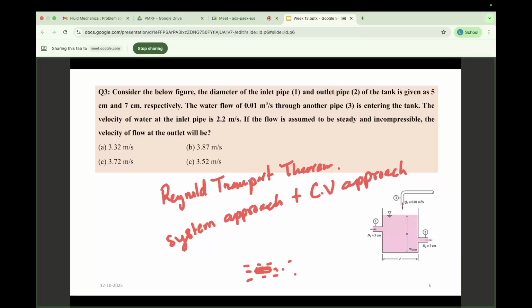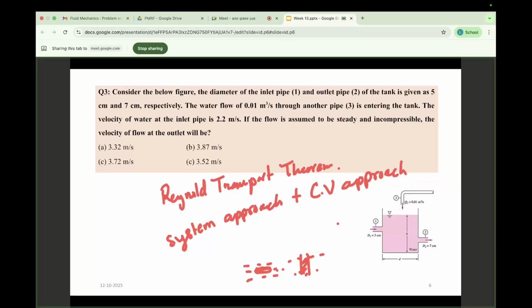If you are following this water bottle throughout, moving with it, that is known as the system approach, because you are only studying this bottle. In the other approach, the CV approach, in the river you are only focusing on this region, whatever is flowing through this region. That's why it is known as the CV approach.